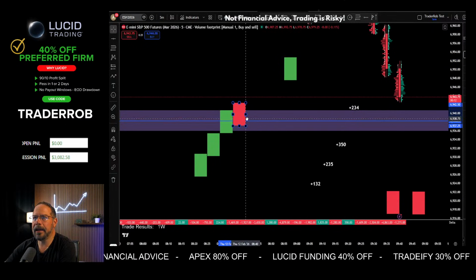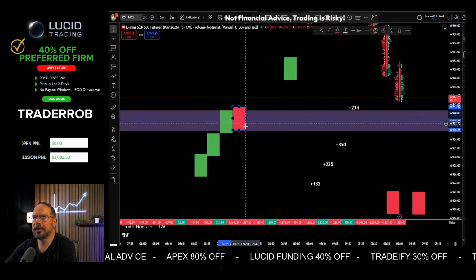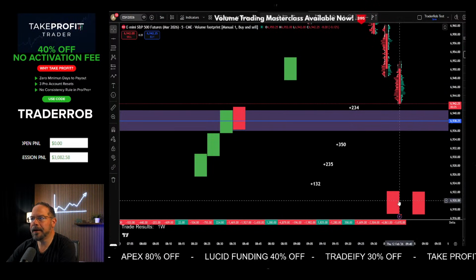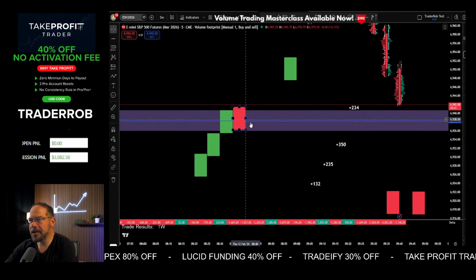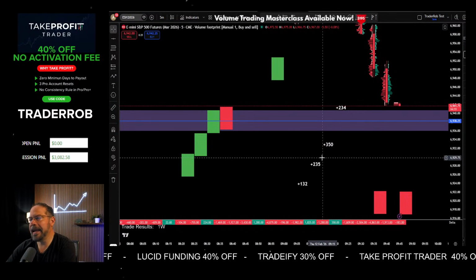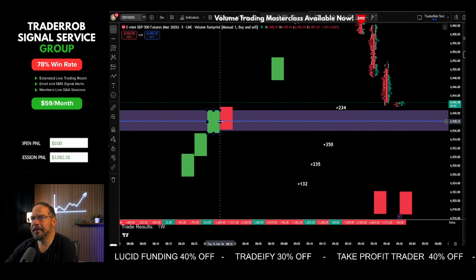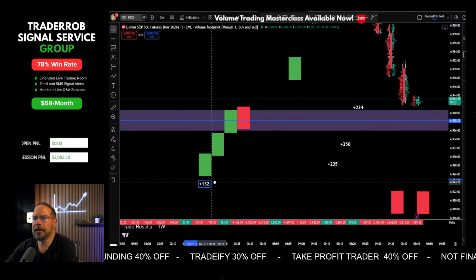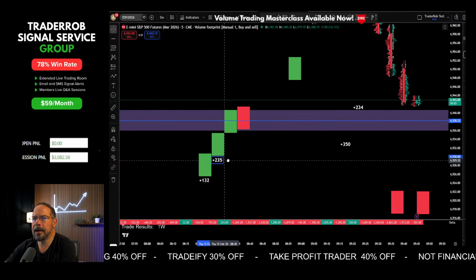Now let's look at a scenario for my continuation play to the upside. This is where your reactionary zone, your level, got broken, and they've trapped the sellers here. Now we're looking for a continuation play to the upside. This would look like this. I could still use these same guys.